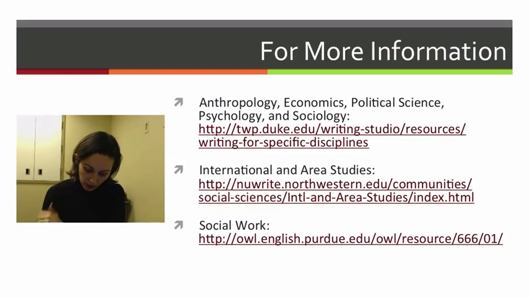The second one is from Northwestern University, and the one I chose specifically is about international and area studies. And the last one is from Purdue, and the example I chose there is related to social work. I would recommend that you go take a look at all of these things, especially depending on what kind of discipline you're interested in.